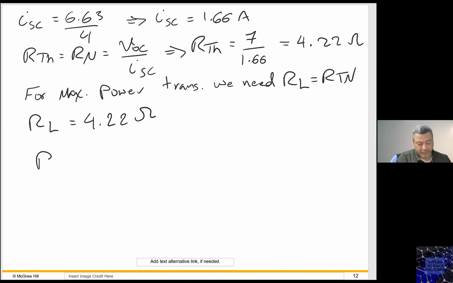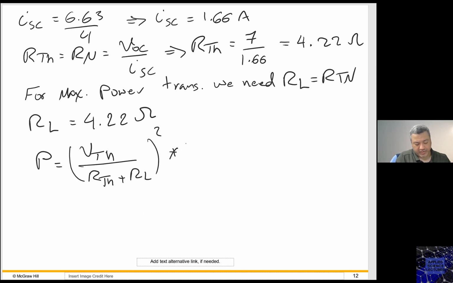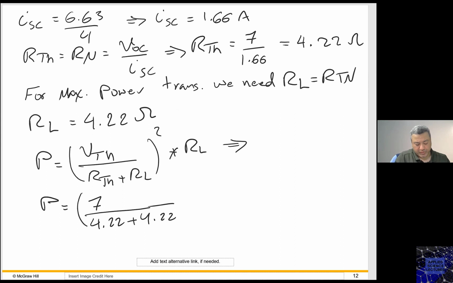And the power would be as V Thevenin. How much is V Thevenin? We said V Thevenin divided by R Thevenin plus RL squared times RL. And in this case, this is 7 divided by 4.22 plus 4.22 squared. Can somebody calculate this for us?